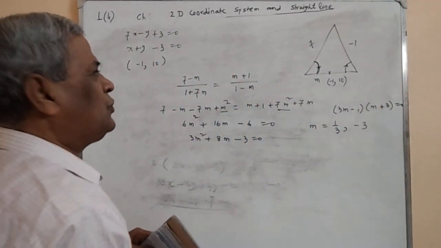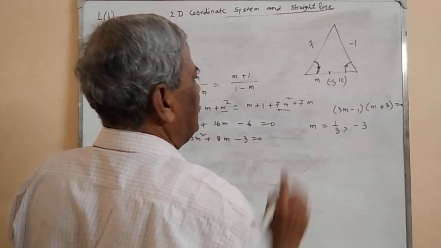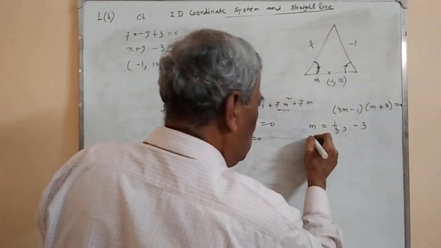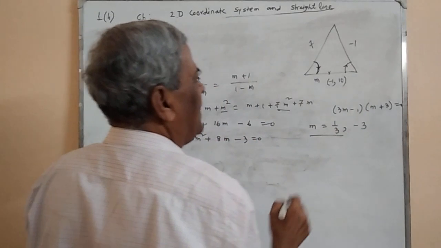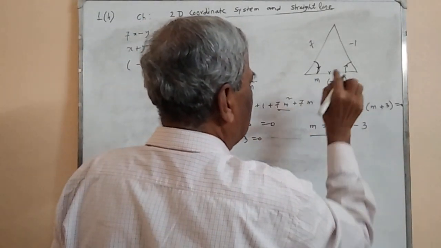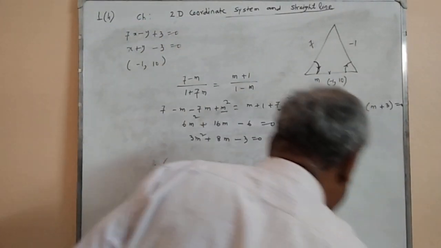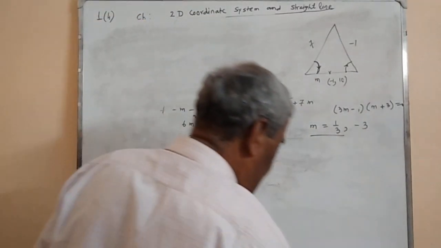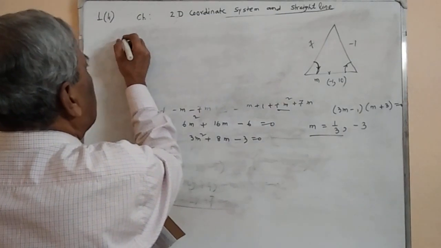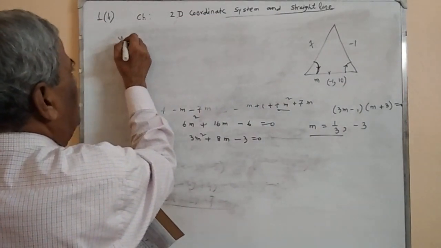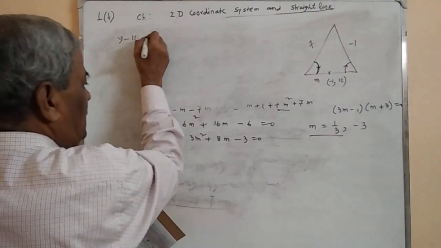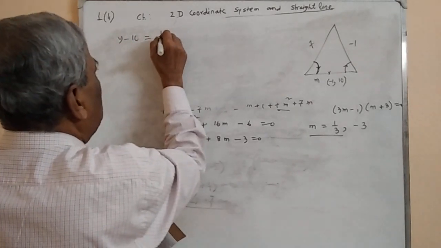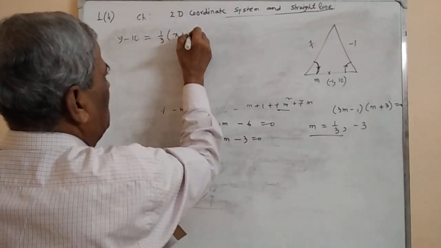So a possible equation of the base corresponds to m is equal to 1 by 3. It is passing through minus 1 and 10. So its equation will be y minus 10 is equal to gradient 1 by 3 into x plus 1.